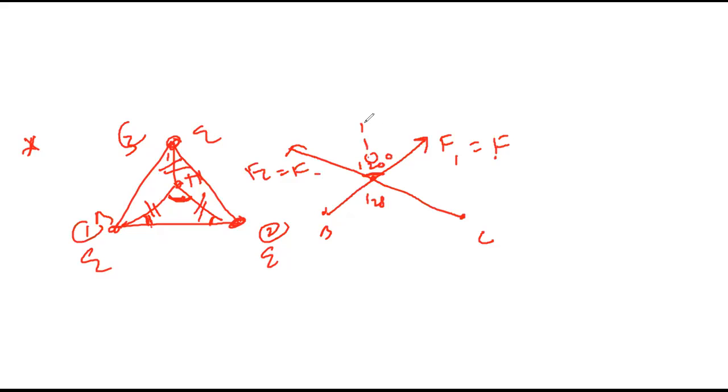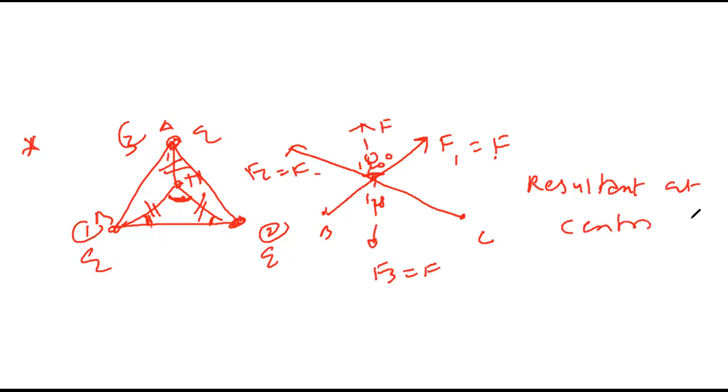Can I say this will be their result, same as F? Followed? Now the force of A, F3 equal to F, is in opposite direction. So now tell me what is resultant at centroid. 0. Yeah, resultant at centroid equal to 0.